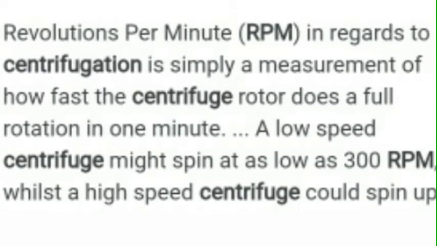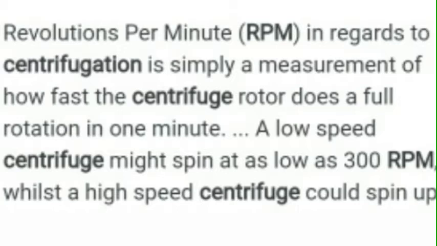What is RPM in a centrifuge? That is revolutions per minute, which in regards to centrifugation is simply a measurement of how fast the centrifuge rotor does a full rotation in 1 minute.